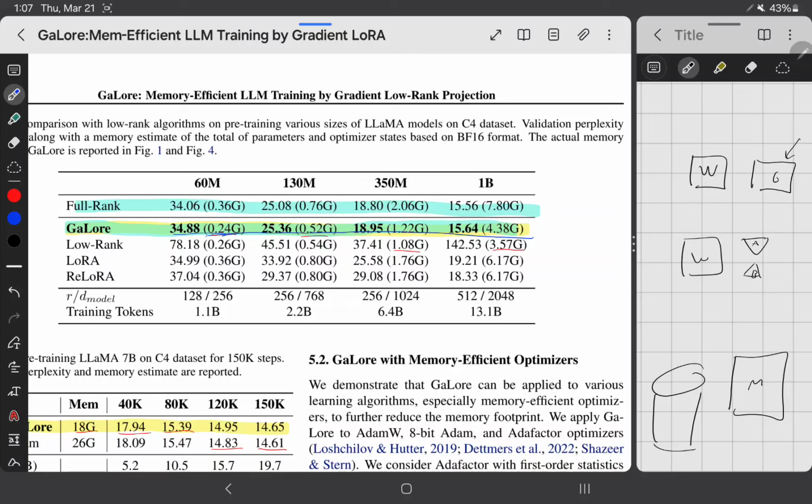It's more memory efficient. This is using different R's, so different size low rank projections. So yeah, it does quite well compared to the other tasks.